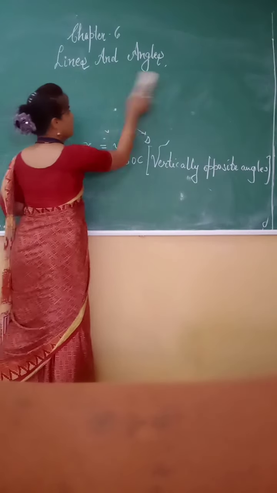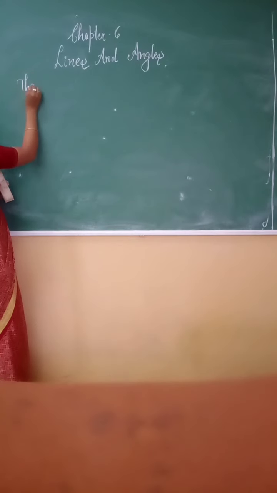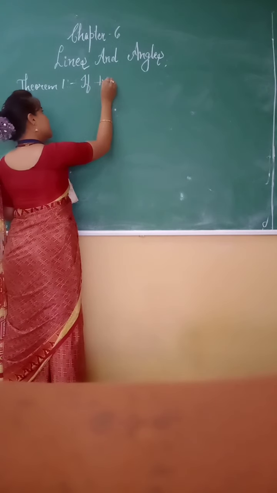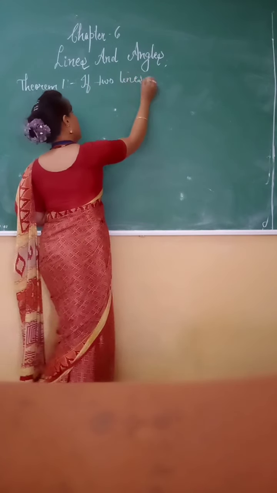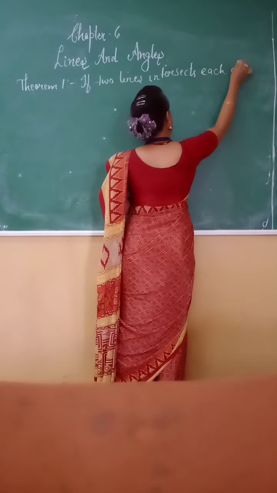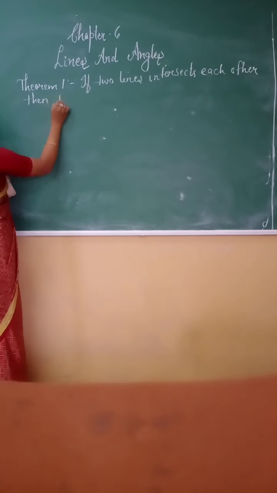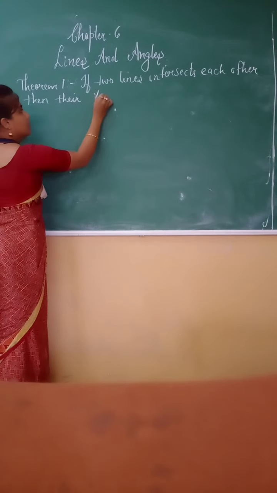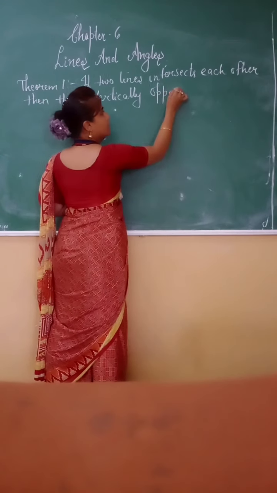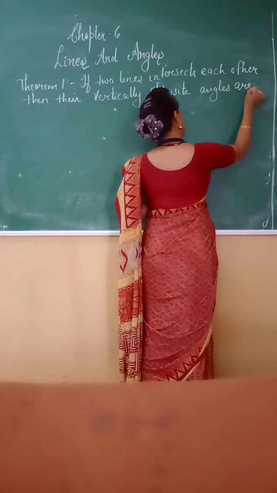That is, theorem number 1 is: if two lines intersect each other, then their vertically opposite angles are equal.